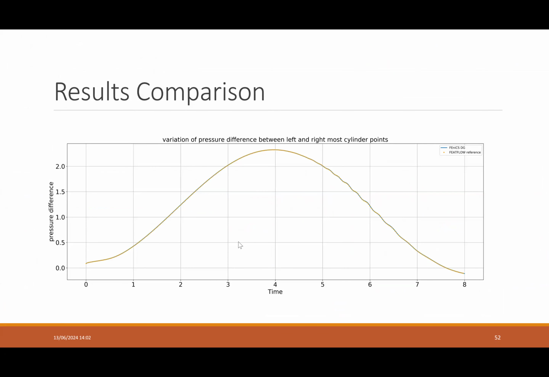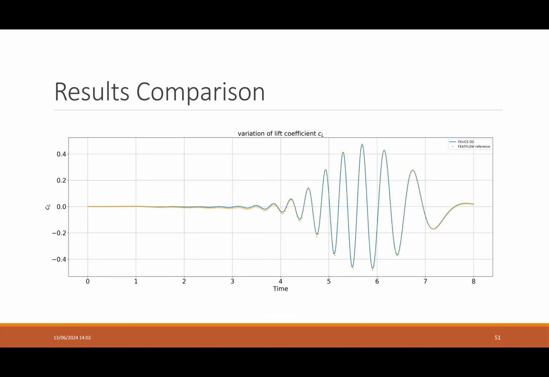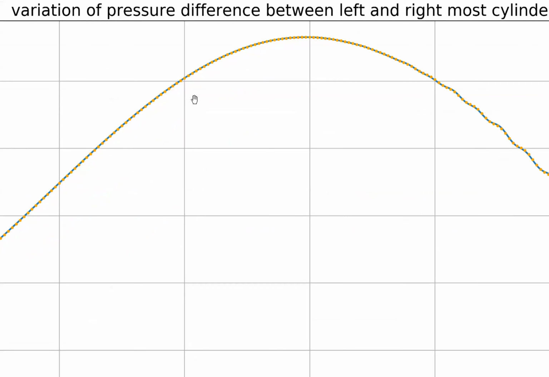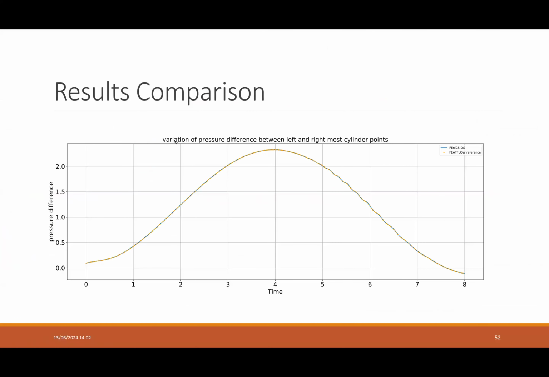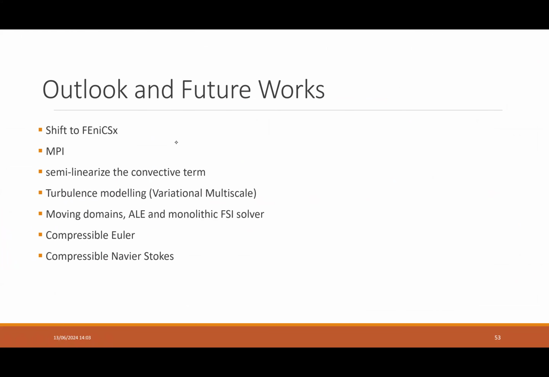And the pressure difference between the left and the rightmost points on the cylinder, again looks good to me. There are more cases or examples that were solved, but I thought having the benchmark case would be a good concrete way of showing how the solver scales.